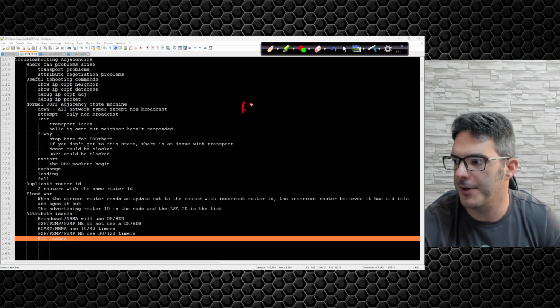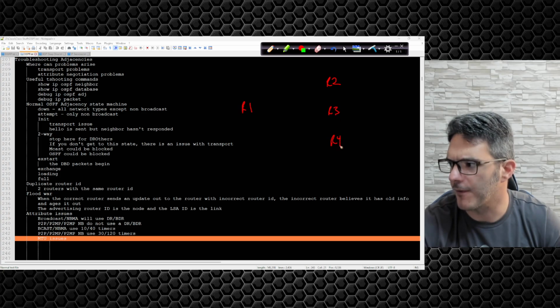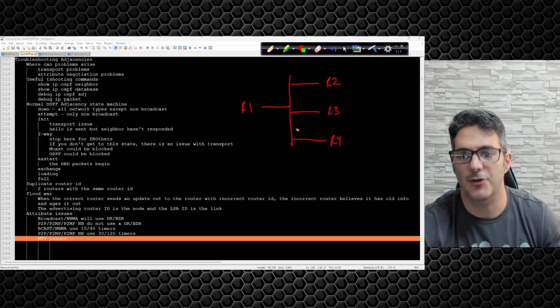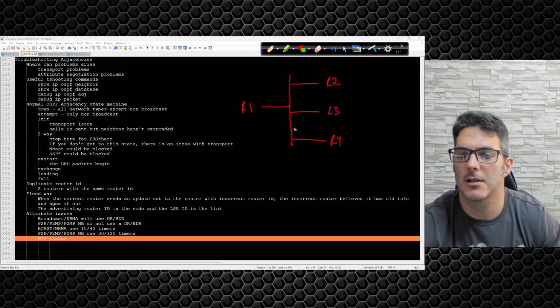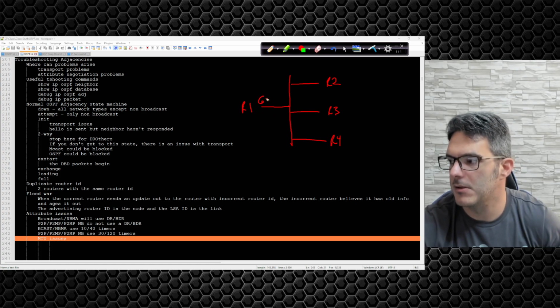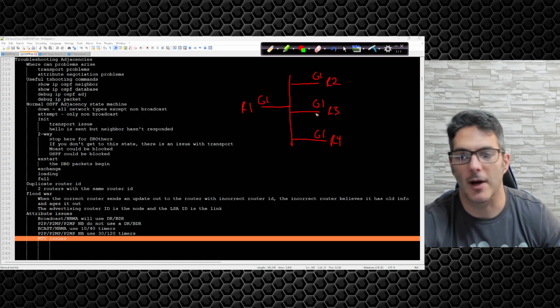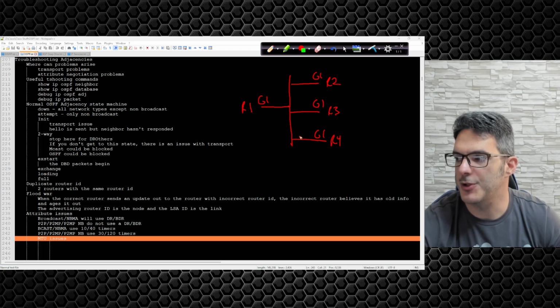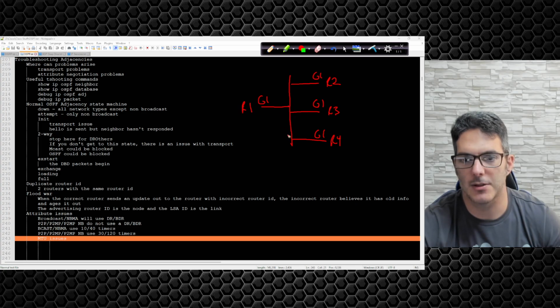If I have R1, I have R2, R3, and I have R4, and then I have a link. They all connect into the same switch. We're all in the same VLAN, maybe spanning multiple switches inside of a stack, something like that. Well, if I have gig 1 here, gig 1, gig 1, and gig 1, regardless of what you do, you're able to reach out to multiple devices regardless of where you're going.